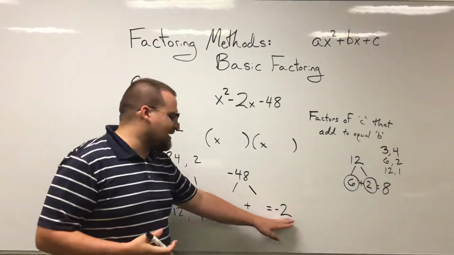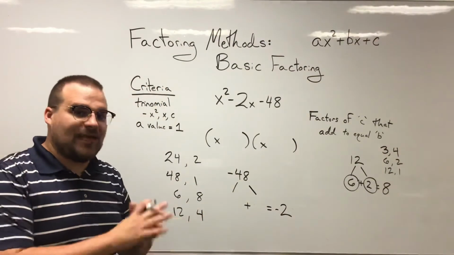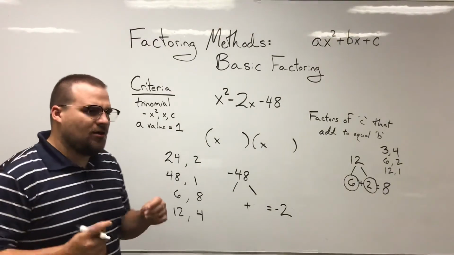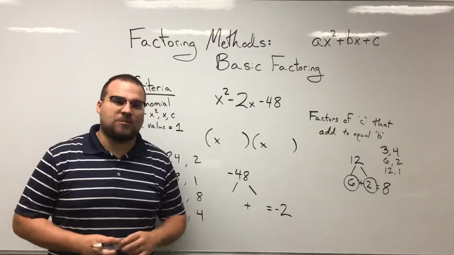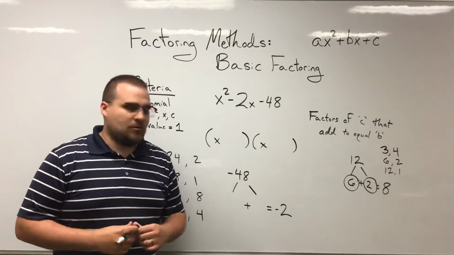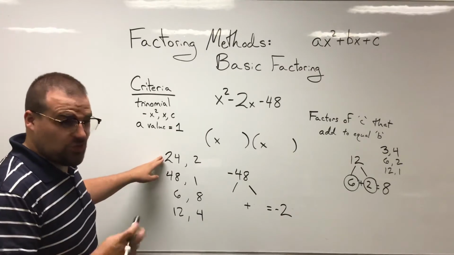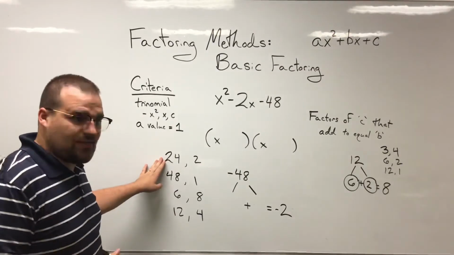I need to make a negative 2. So again, we said one of these has to be negative. So let's go ahead and just glance at these and see, do we think one of them could make a negative 2 when we add it? Well, is 24 and 2 going to make a 2 by adding them, or technically subtracting since one's a negative?